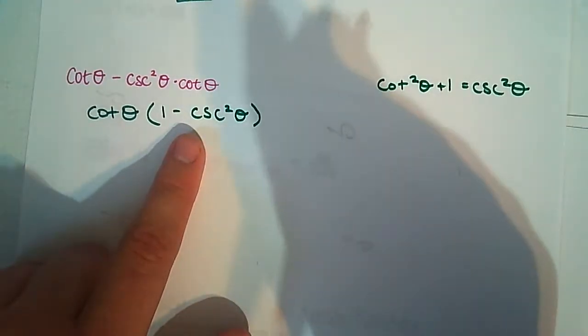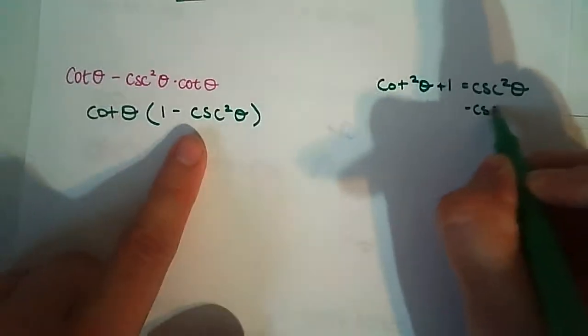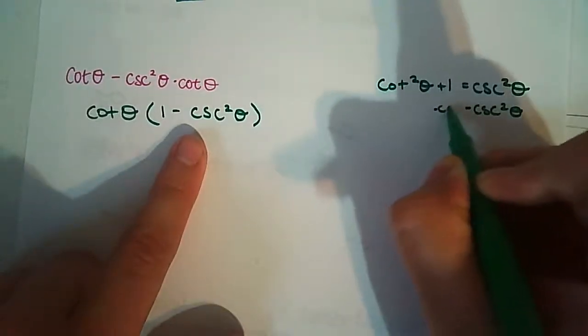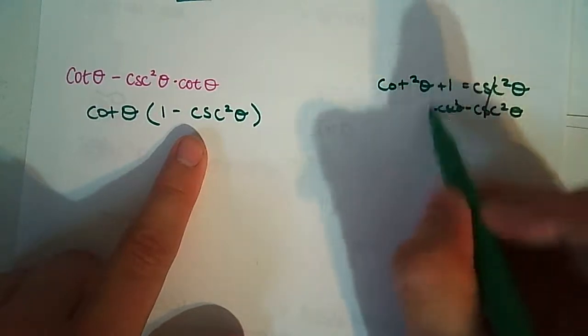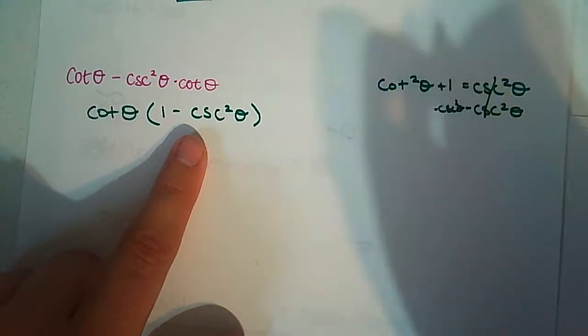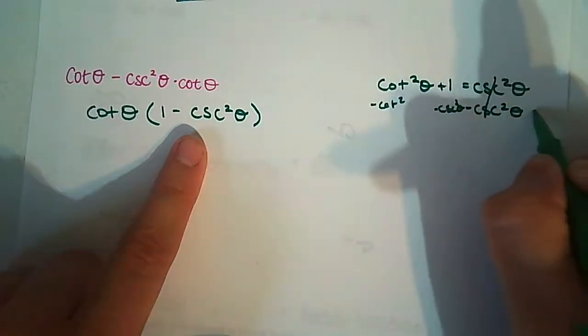So in order to do that, I'm going to have to subtract cosecant squared from both sides. So I got the 1 minus cosecant squared here, and then in order to get that totally by itself, I'm going to have to subtract cotangent squared from both sides.